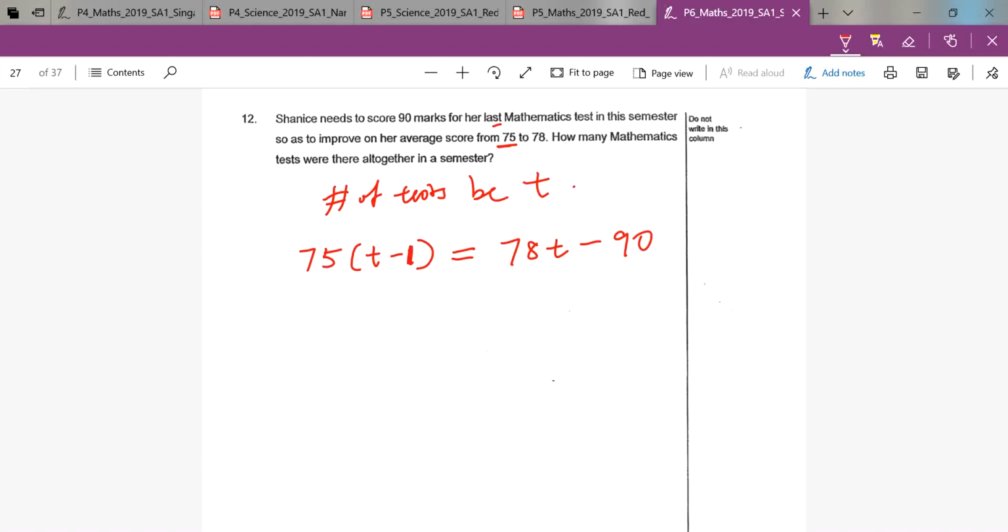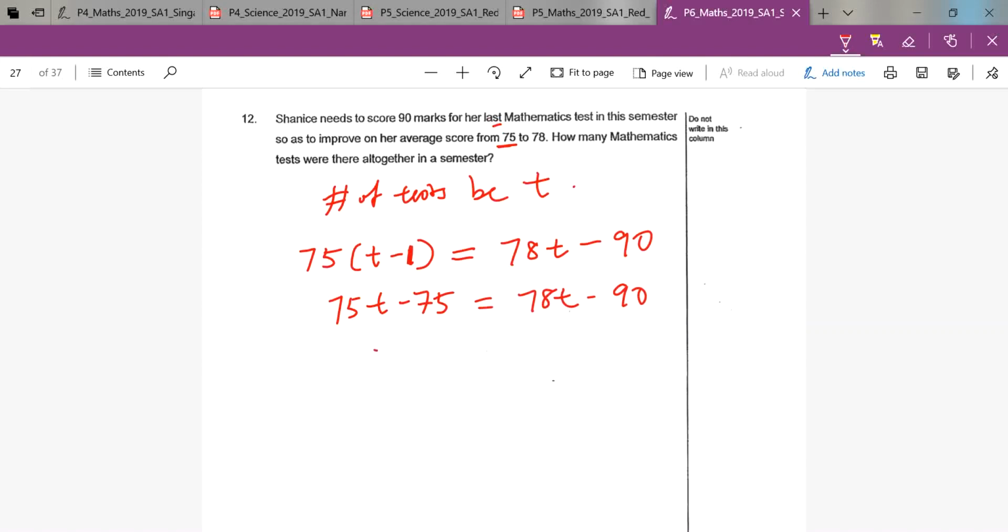And you minus 90 because 90 is the very last test, and you should get the same answer as the total score, okay, of all the tests except for the very last test. So you get 75T minus 75, okay, equals to 78T minus 90.